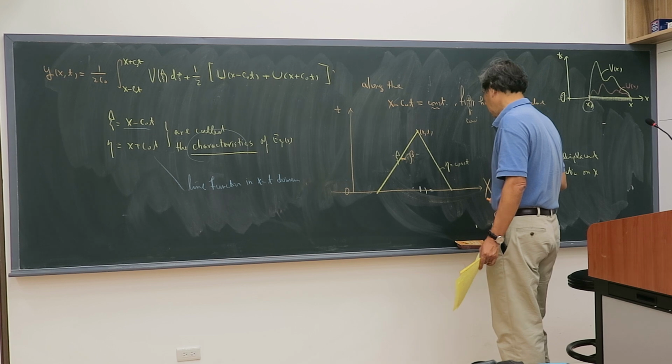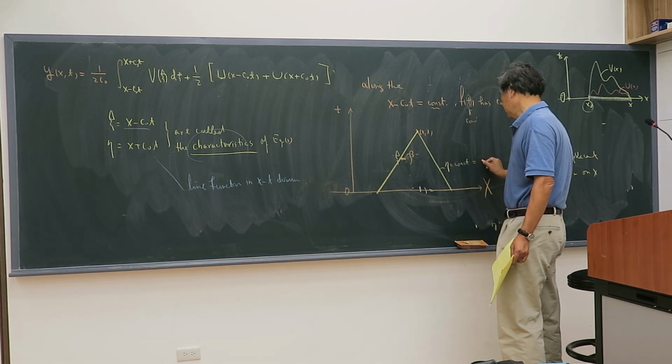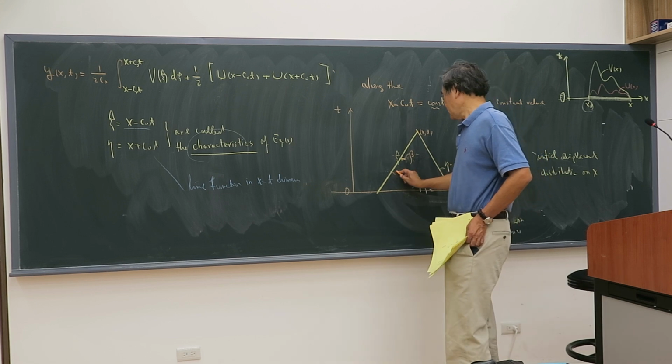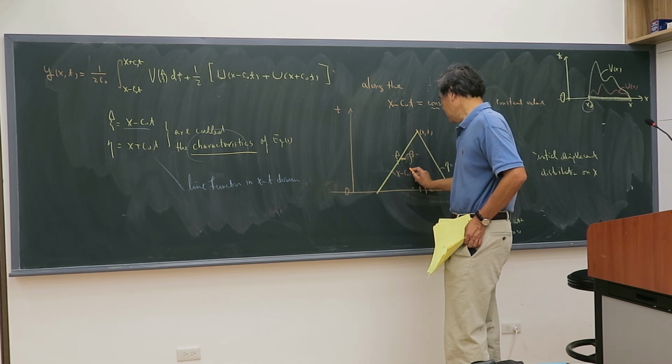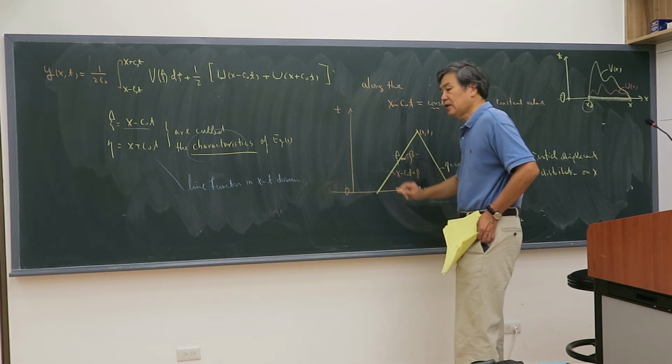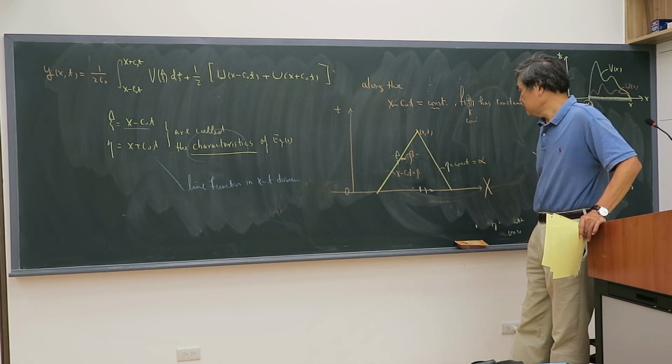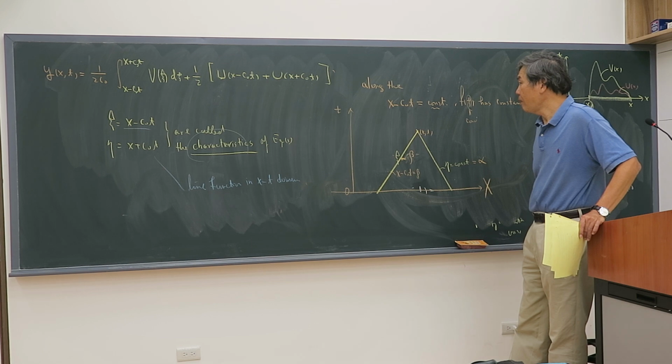And this is a constant equal to alpha, for example. So this line is x minus c0t equal to beta. Right?